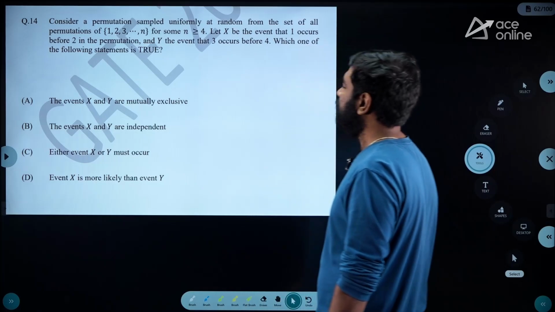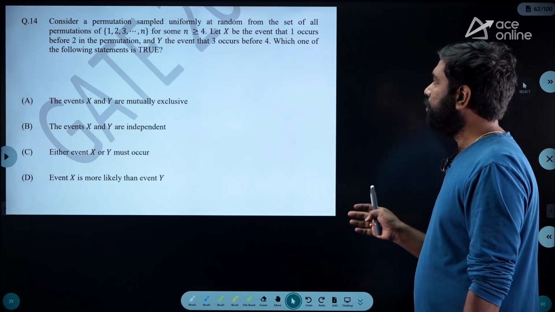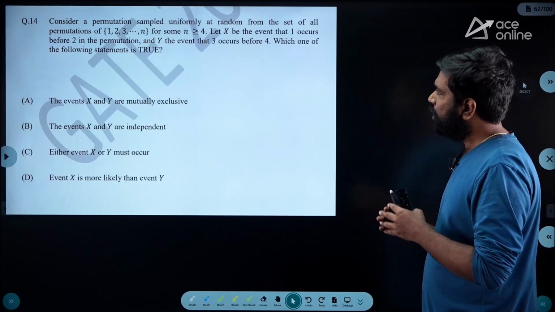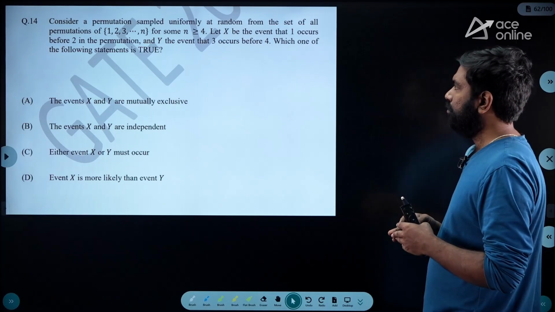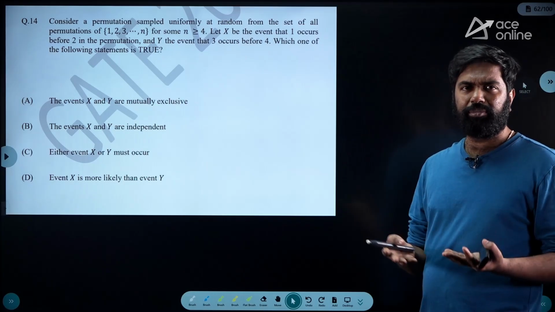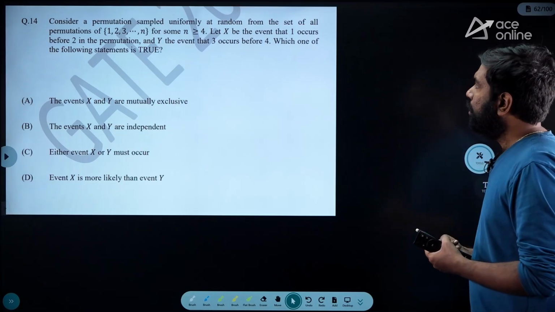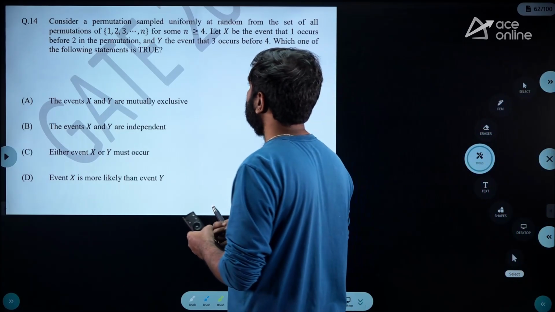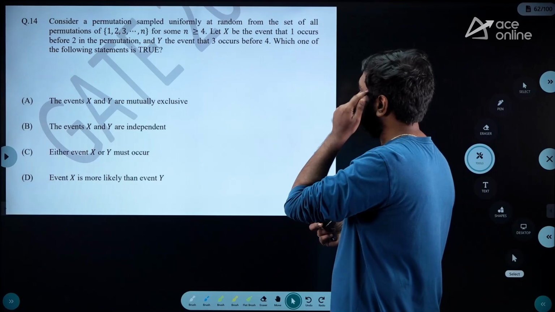He said there is a set which contains 1, 2, 3 up to n. There are n elements in that, and he's arranging all those n elements. So how do I know? He says permutation of 1, 2, 3 up to n. Permutation means arrangement. What is x? That 1 occurs before 2 in the permutation, and y is the event that 3 occurs before 4.